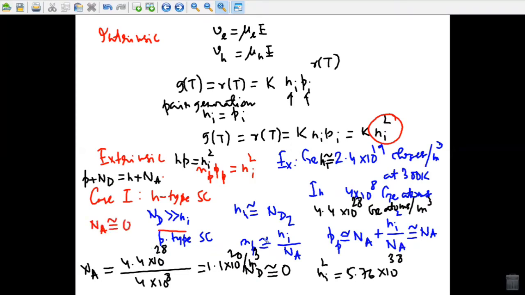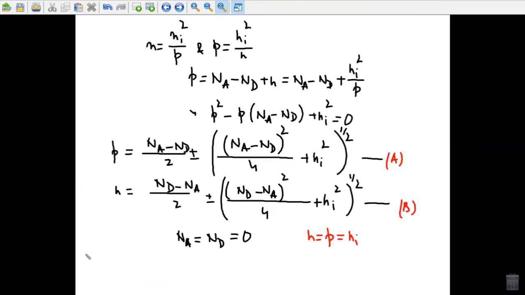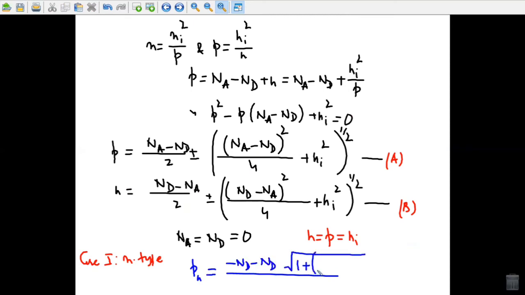The hole density becomes Pn is equal to minus Nd times the square root of (1 plus 4 Ni square divided by Nd square), divided by 2.